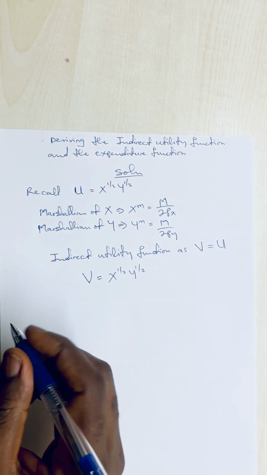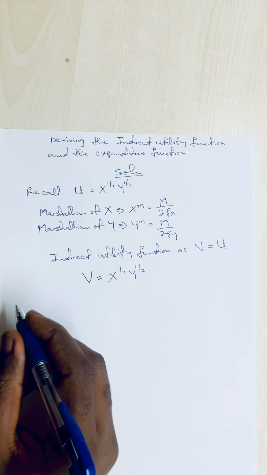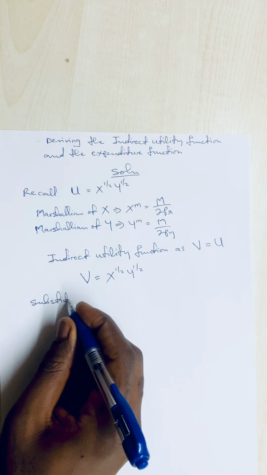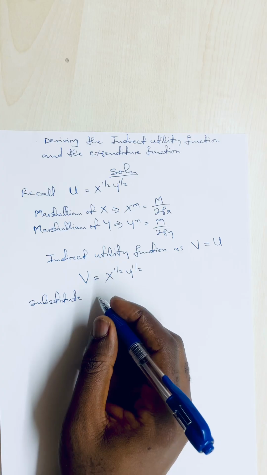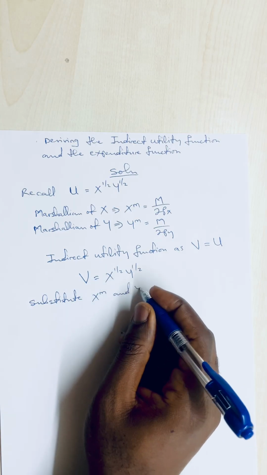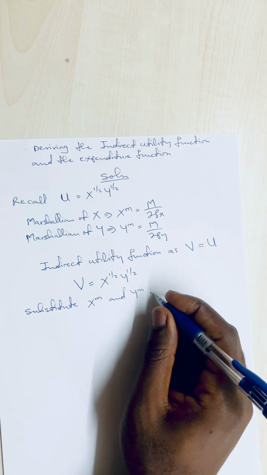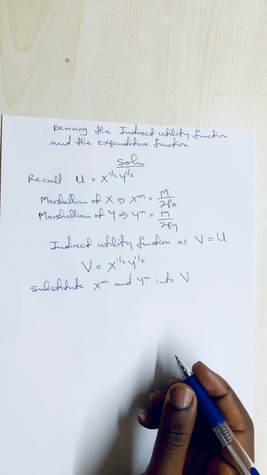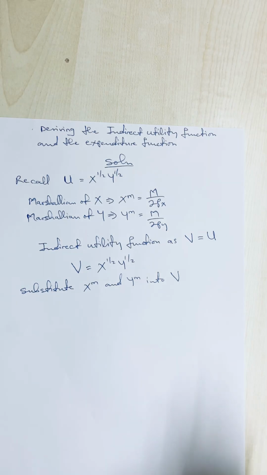So what next do we do? We substitute X Marshallian and Y Marshallian into V, which is the indirect utility function that gives us the indirect utility.